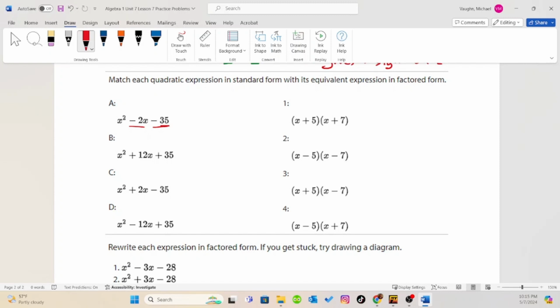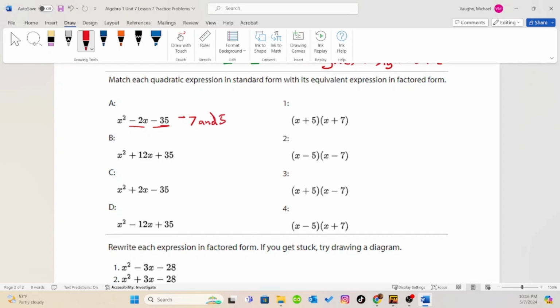So if we start looking at factors of 35, we have 1 and 35. They're separated by 34. We have 5 and 7, and those are separated by 2. So I'm going to want a negative 7 and a positive 5.